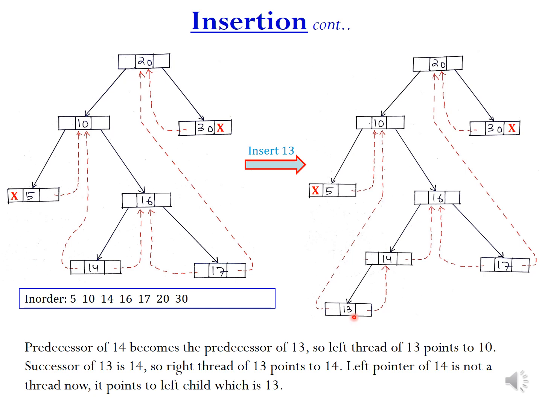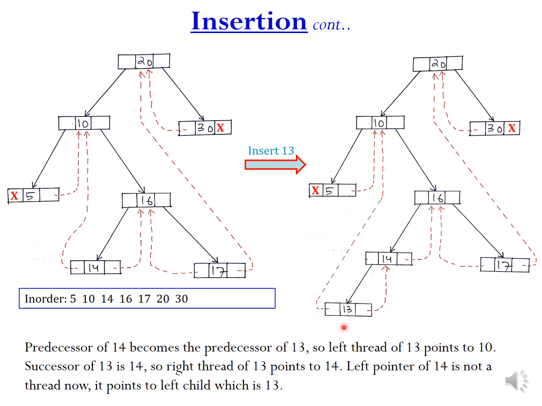Now, after inserting 13, we will update the threads of 13. Its null left pointer will now be a thread pointing to its inorder predecessor, which is node 10, and its right thread will point to its inorder successor, which is 14.